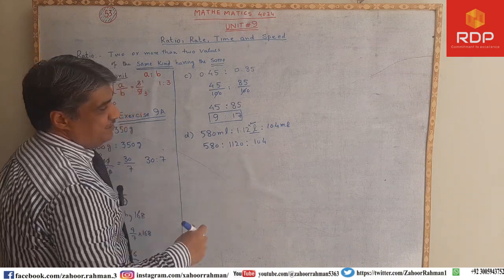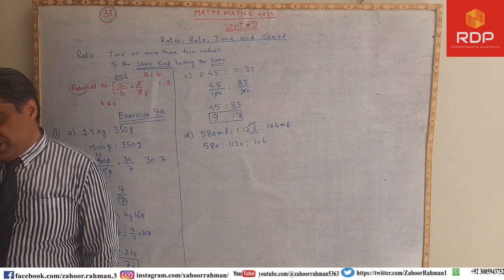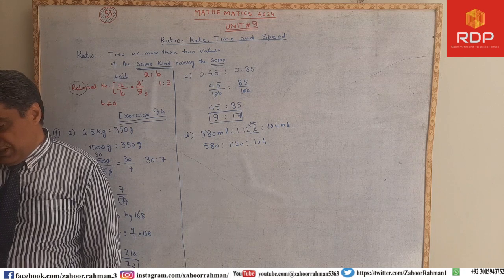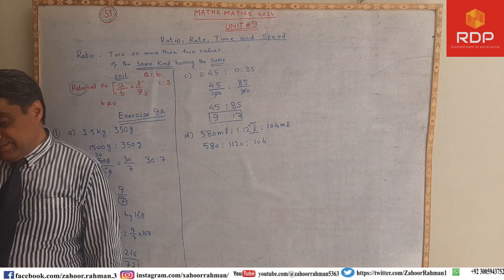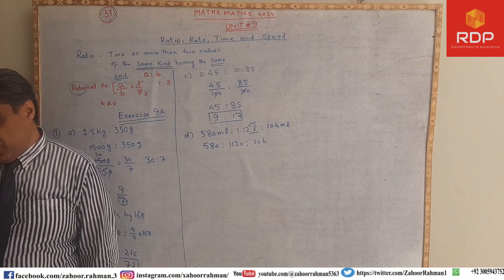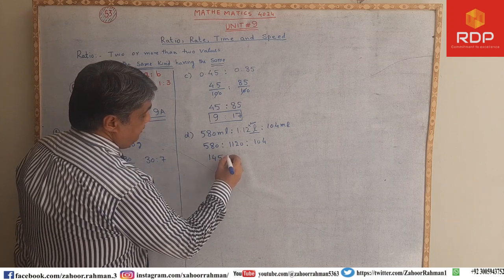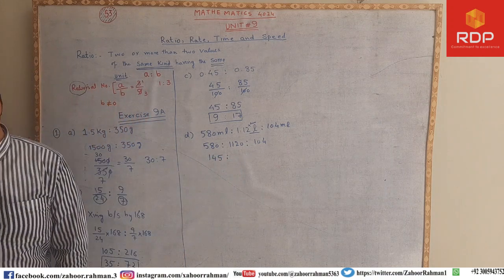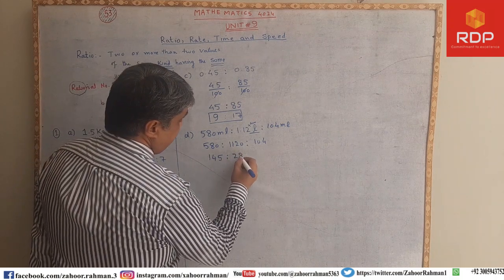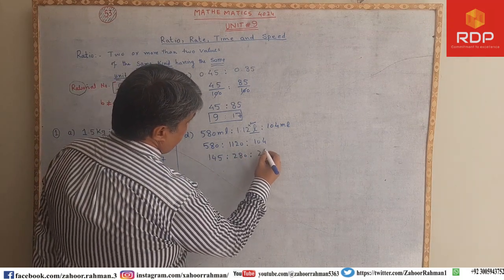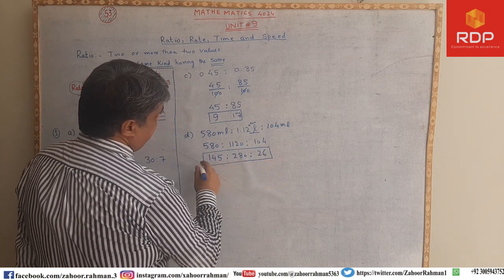Okay, so we are dividing all these by 2, and after the simplification, we will have 10 : 145 : 280 : 26. This is your job to get these.